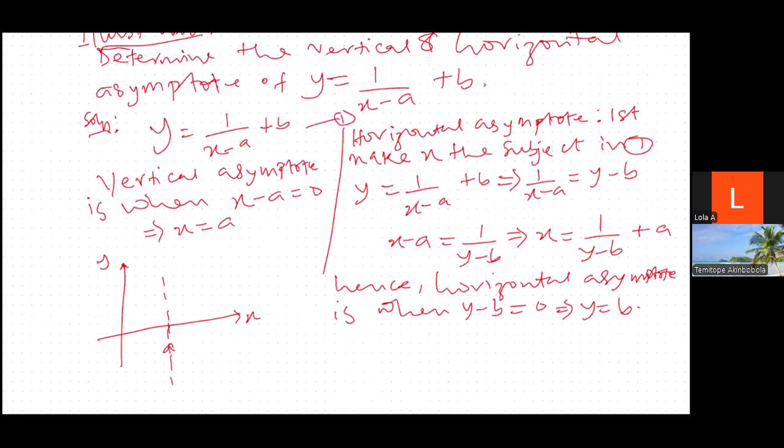Let's assume this is b here. So you have a horizontal line here. Hope I'm communicating. Are you there? Hello? Yeah. Okay. So the asymptotic curve will now go this way.